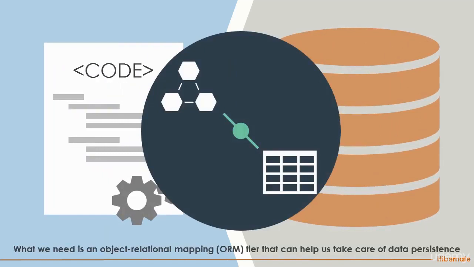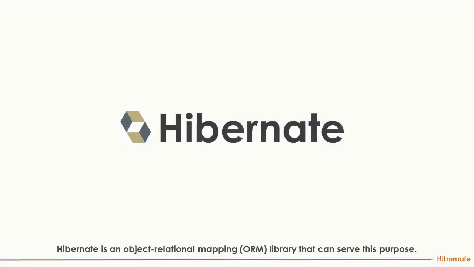To solve this problem, we need an object relational mapping, or ORM for short. The object relational mapping is a tier that helps you translate your objects in Java into the relational model, which you can save into the database. The most famous object relational mapping framework in Java is Hibernate.